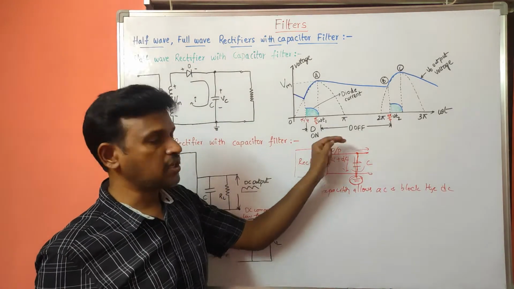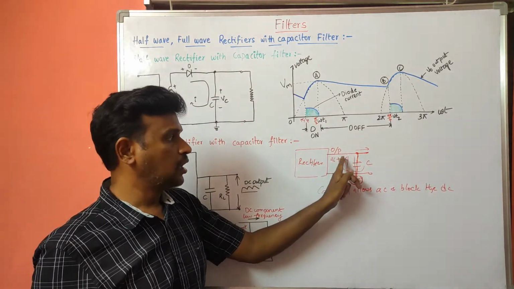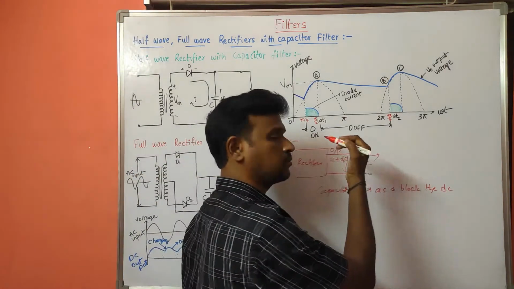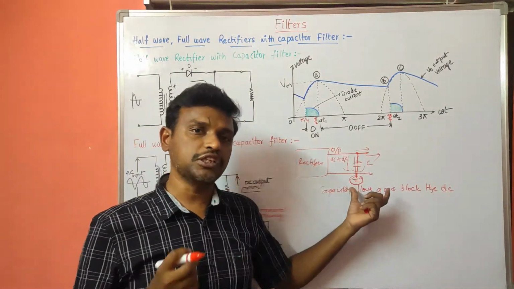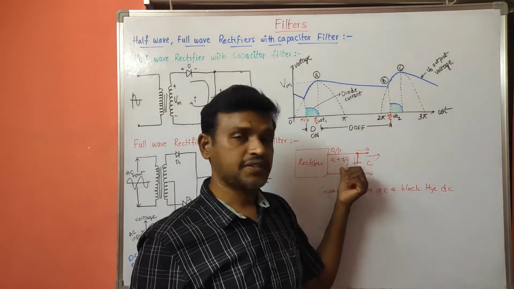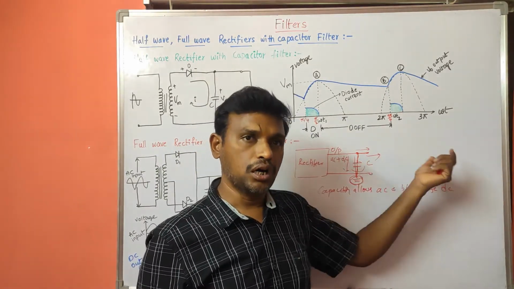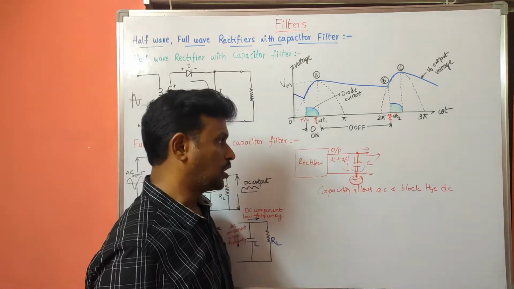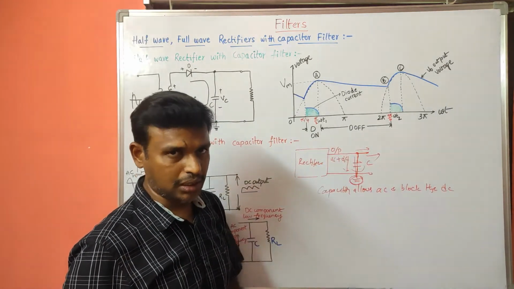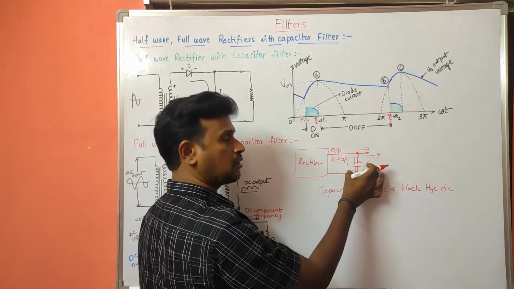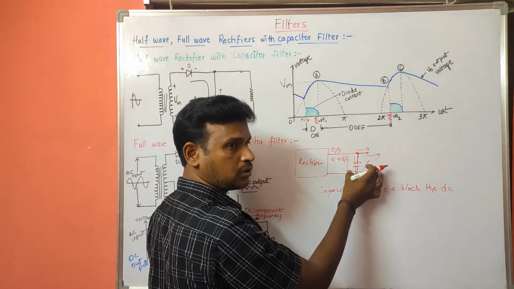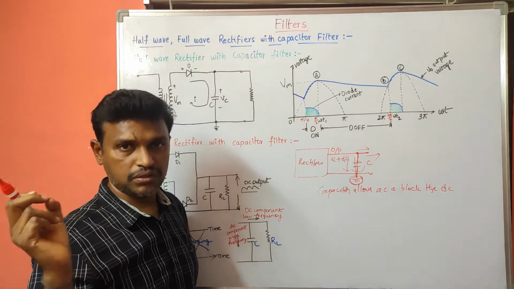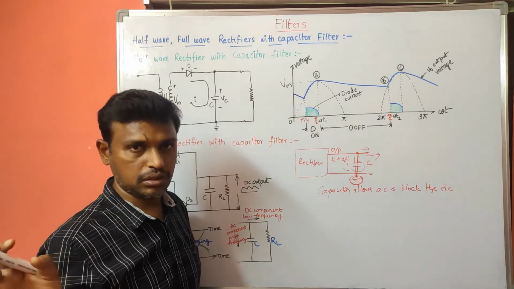So the total AC will go through the ground and the DC will take another path. That path is nothing but this one. Like that we filter out the AC component and get pure DC value at the output side. That's why we connect this capacitor in parallel, or we can also call it a rectifier with shunt capacitor filter or parallel capacitor filter.